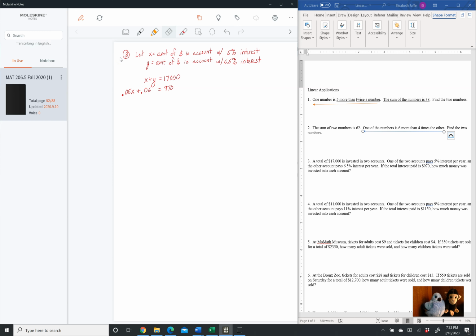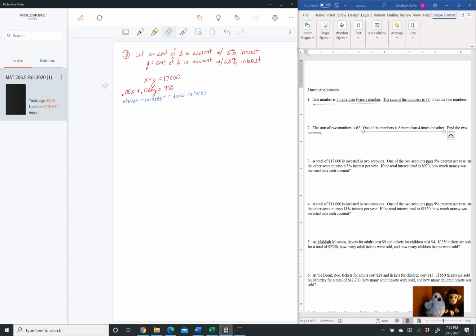Okay, so these are our two equations. Interest plus interest equals total interest. That's how we get that second equation.